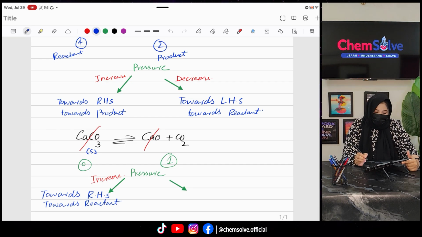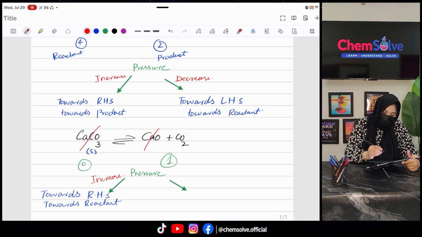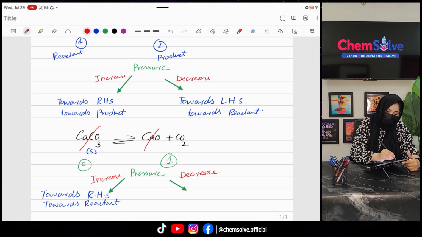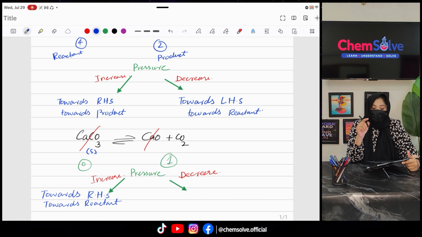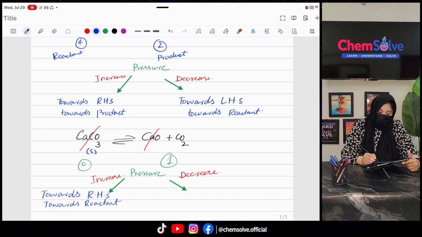While if I decrease the pressure, so now according to our discussion, equilibrium has to be shifted towards that side of the equation with the greater number of moles of the gas. And there is 1 mole of the gas on the product side.